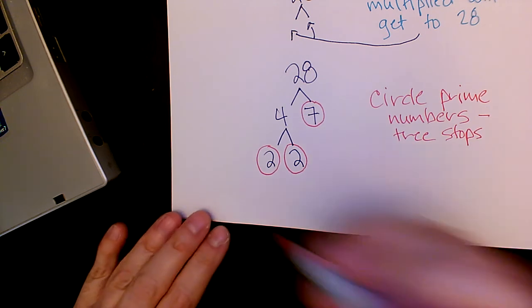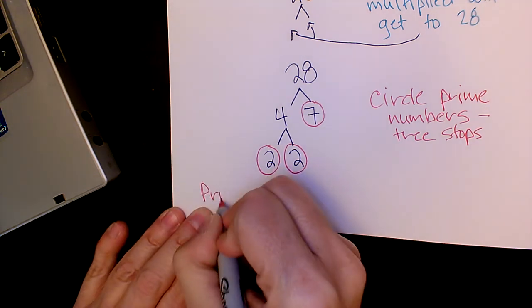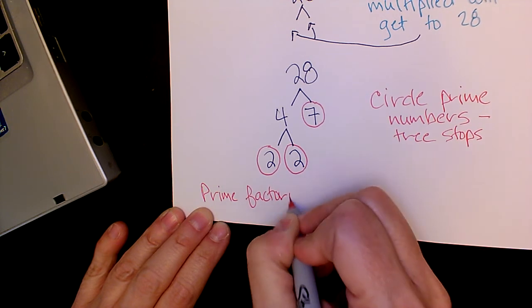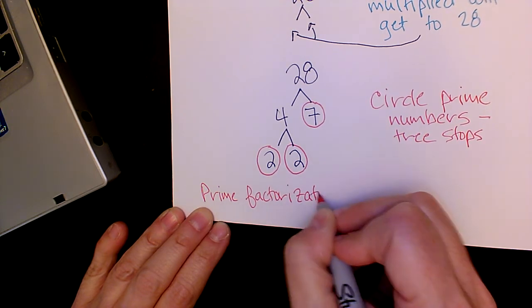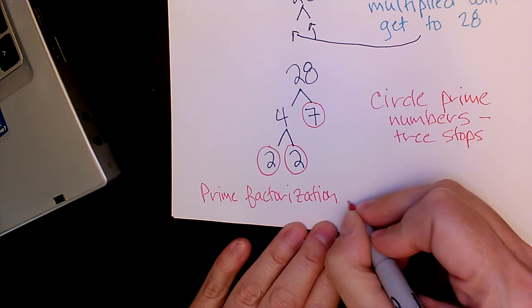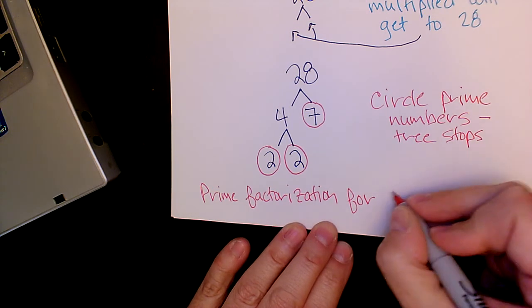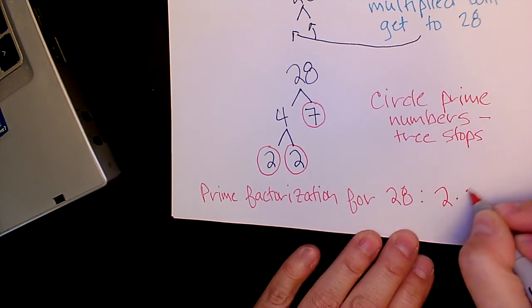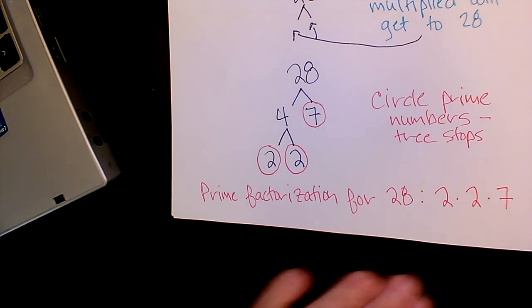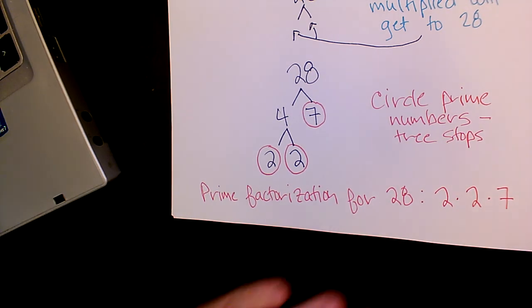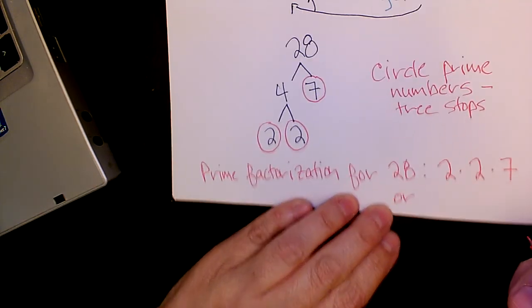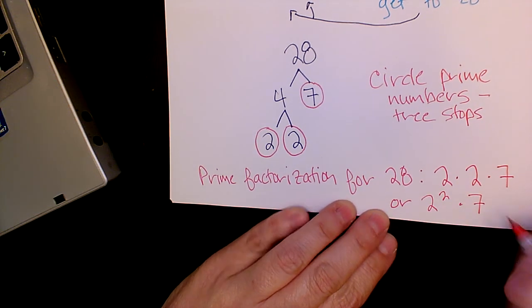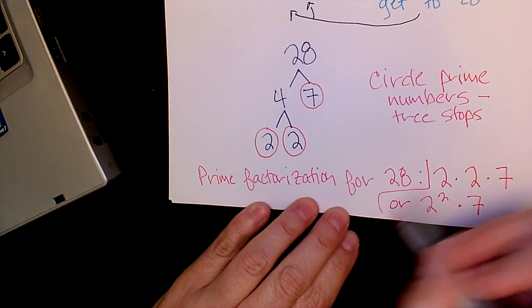So we say the prime factorization is 2 times 2 times 7. Or if you want to shorthand it, you could say 2 squared times 7, and this is my answer.